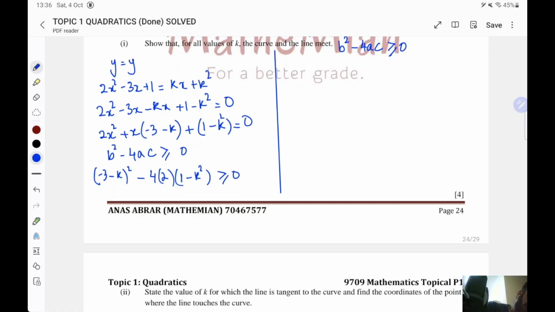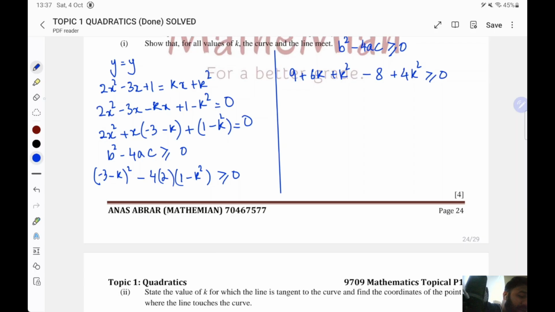If we expand it, we'll have 9 + 6k + k² − 8 + 4k² ≥ 0.